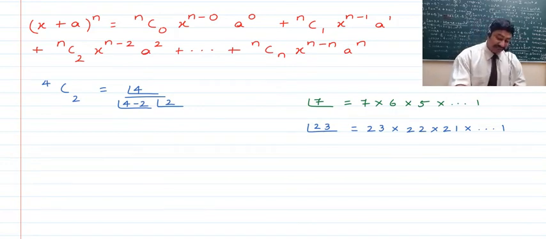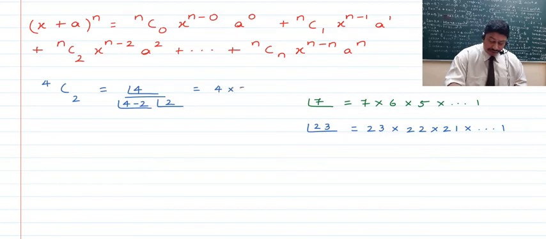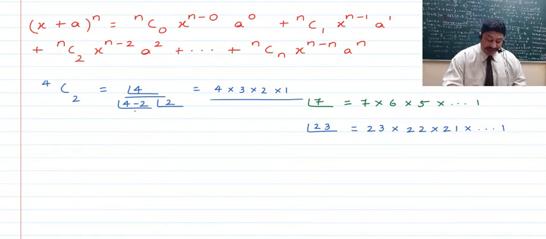After this, in the next step, we can now write this factorial 4, right, which is going to be 4 into 3 into 2 into 1, and then we divide this by factorial of 4 minus 2, that is 2 factorial, that is just 2 into 1, and then we have further multiplied this with factorial 2, which is again 2 into 1.